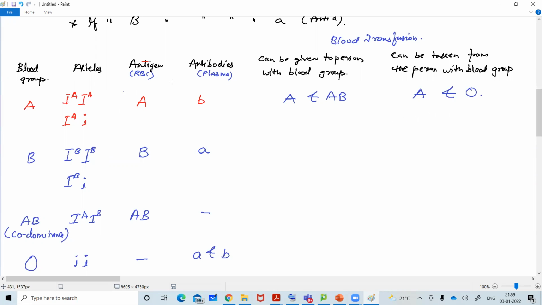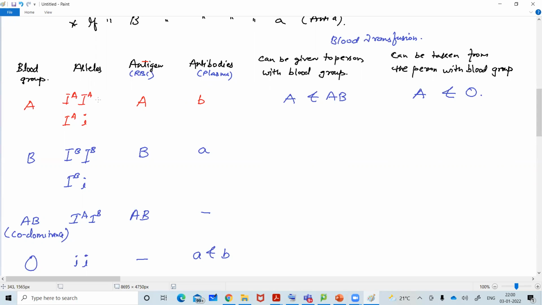So on A blood group there is antibody B, so they will start destroying antigen present on AB blood group, because antibody always attacks antigen. Got it?